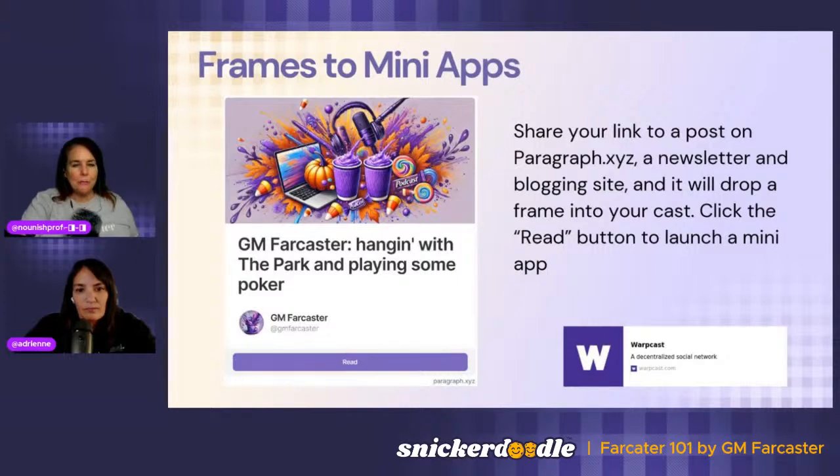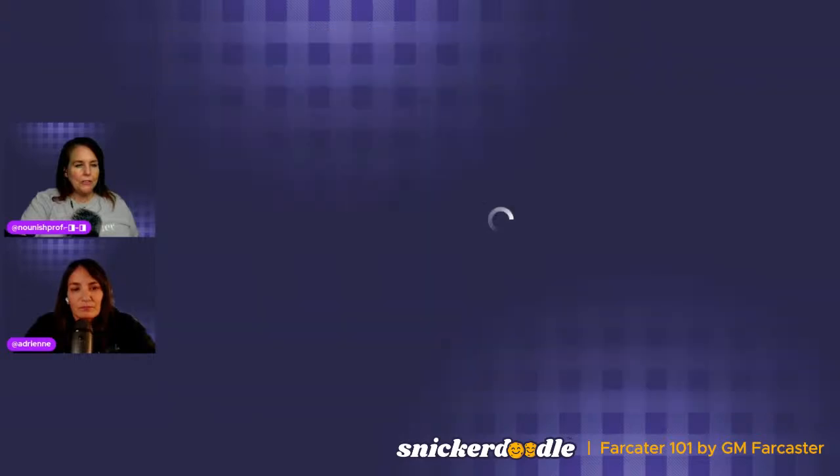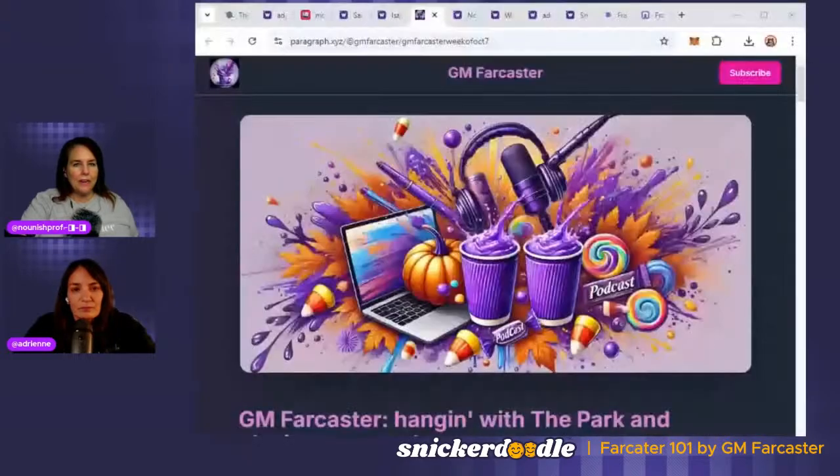So we can launch mini apps as well from frames, and there's a couple ways to do this. And one example of this is Paragraph. So I'm going to demonstrate how you do that.